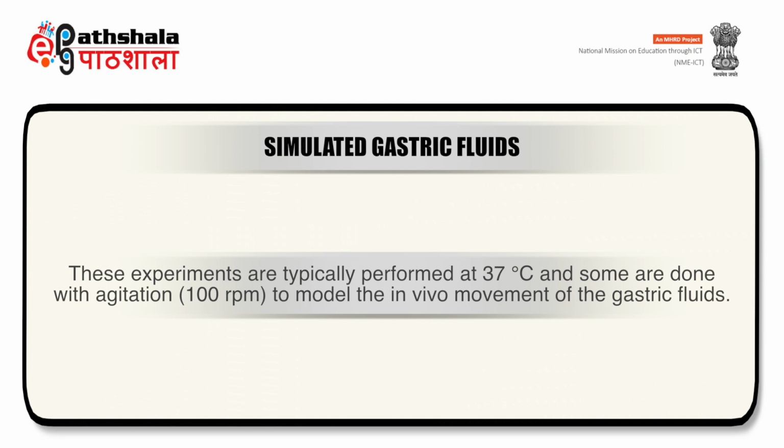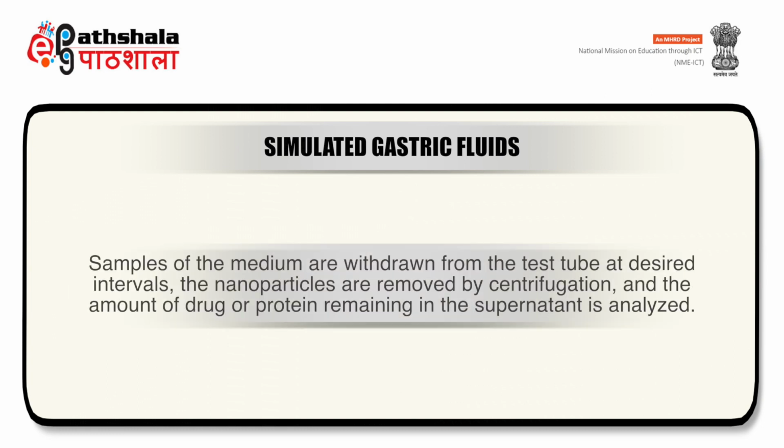These experiments are typically performed at 37 degrees centigrade and some are done with agitation of 100 rpm to model the in vivo movement of the gastric fluid. Samples of the medium are withdrawn from the test tube at desired intervals. The nanoparticles are removed by centrifugation and the amount of drug or protein remaining in the supernatant is analyzed.